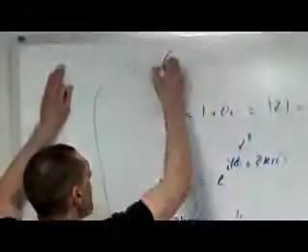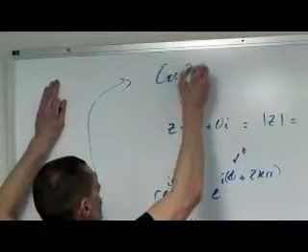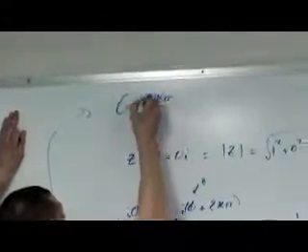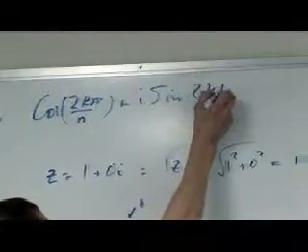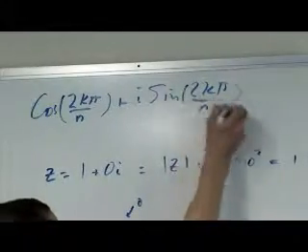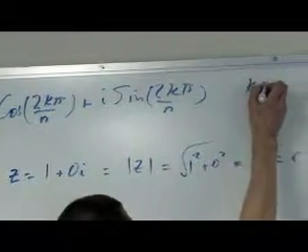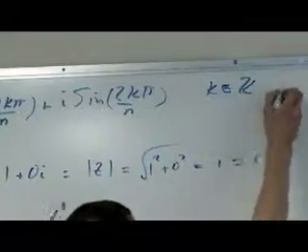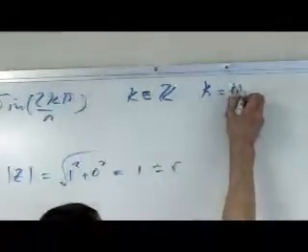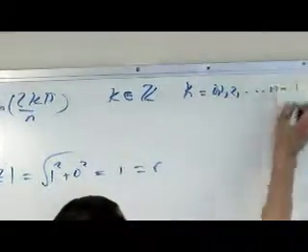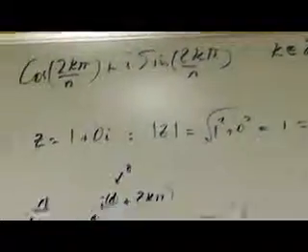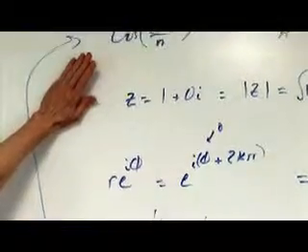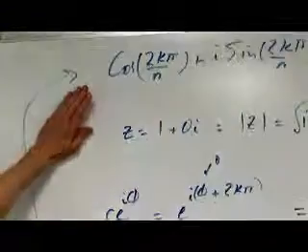This is the same as cosine 2k pi over n plus i sine 2k pi over n, where k is an integer and is equal to 0, 1, 2, and so on, up to n minus 1. It goes to 1 less than n. So this is the general formula for the nth root of 1.